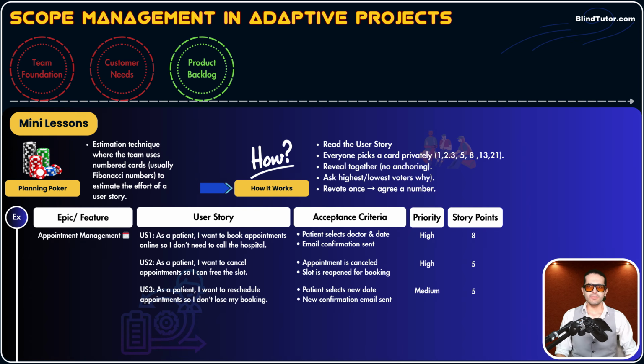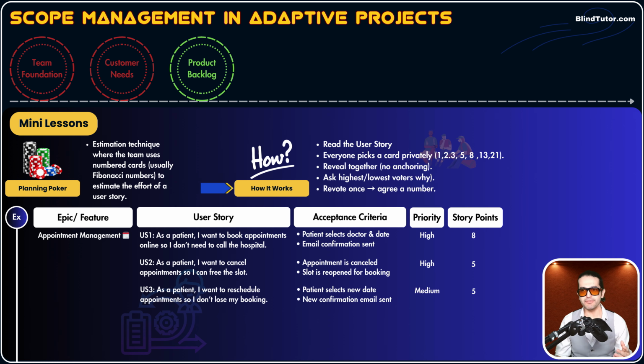Now, you may say, okay, why is it important? Why is knowing story points important? Guys, you're going to learn about this why in the next part of scope management in adaptive projects, in sprint planning, because the team works for 2 weeks for one sprint. In that sprint, the team has limited capability and can do a limited number of story points.